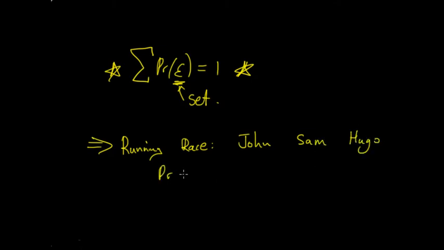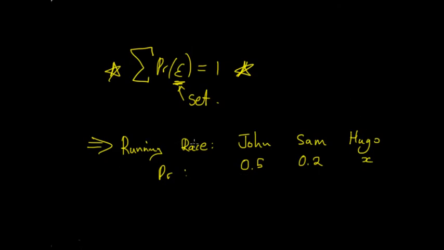You have the probability that they're going to win. Let's say there's a 50% chance John is going to win, 20% Sam's going to win, but we have no idea what the chance of Hugo is, so I'm just going to represent it by X.